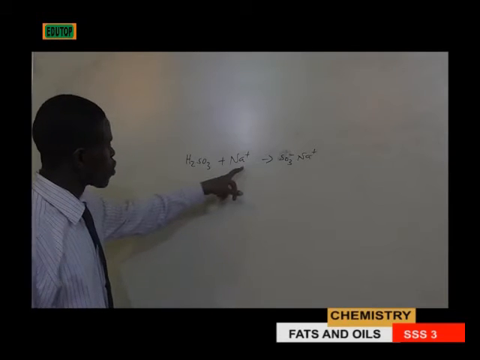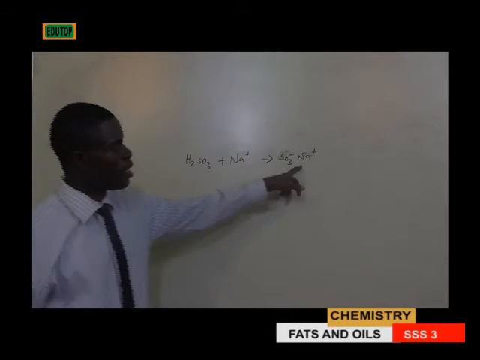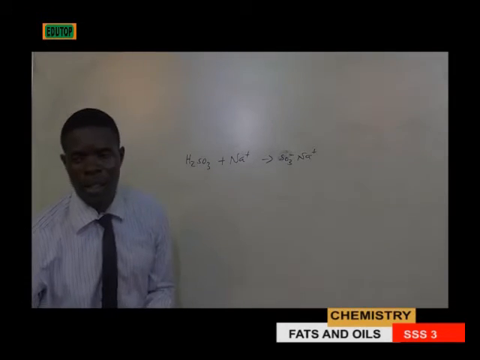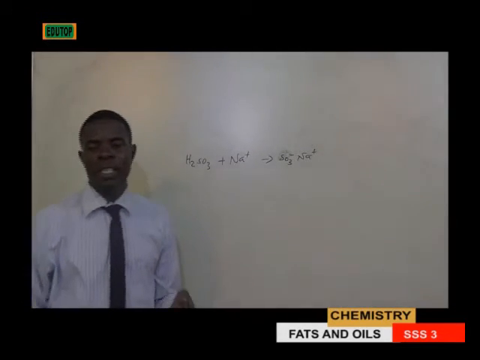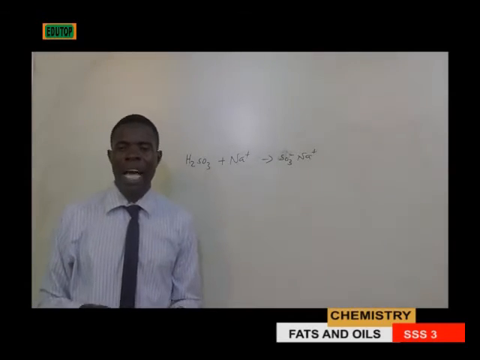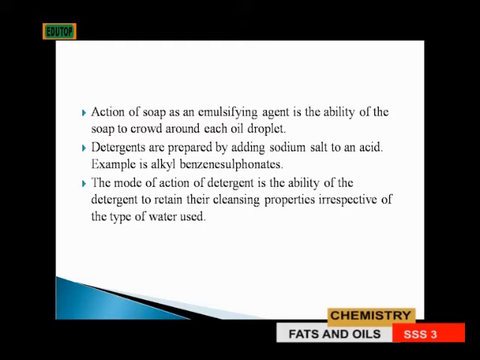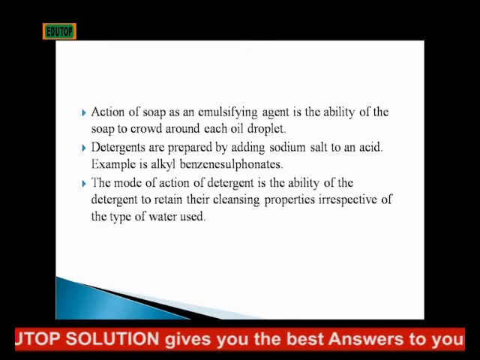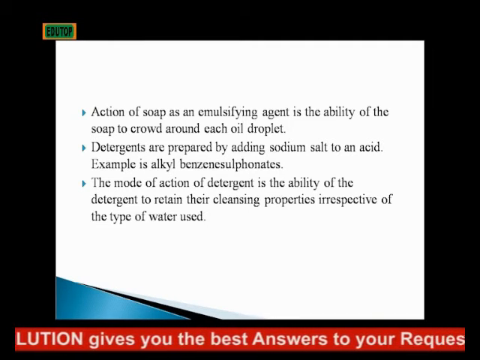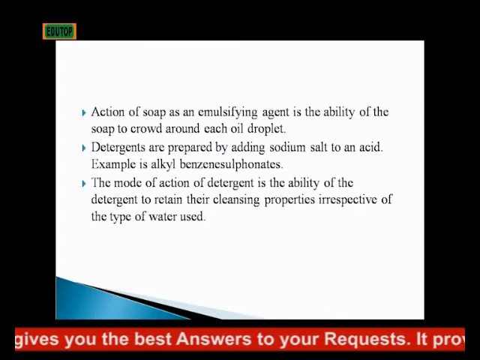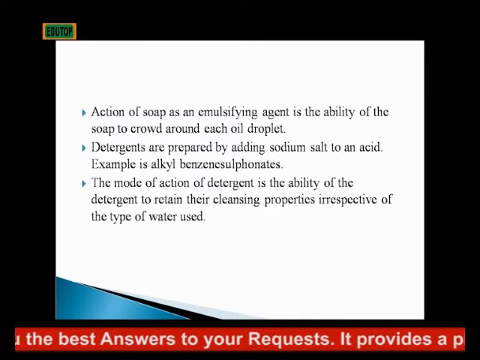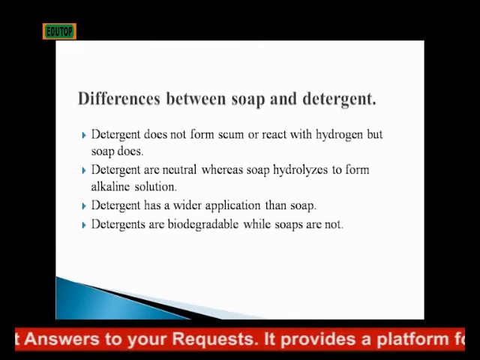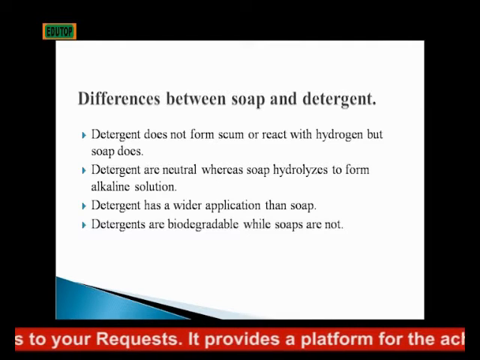So that is the way by which detergent can be prepared. An example of a detergent is benzene sulfonates. The mode of action of detergents is the ability to retain their cleansing properties irrespective of the type of water used.